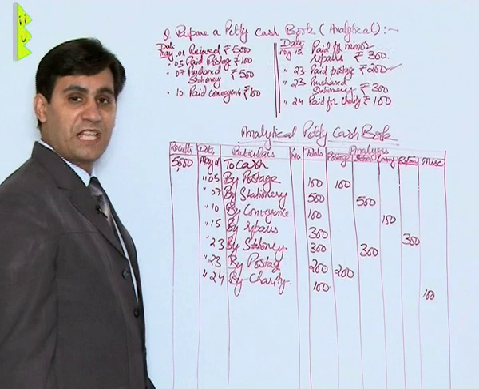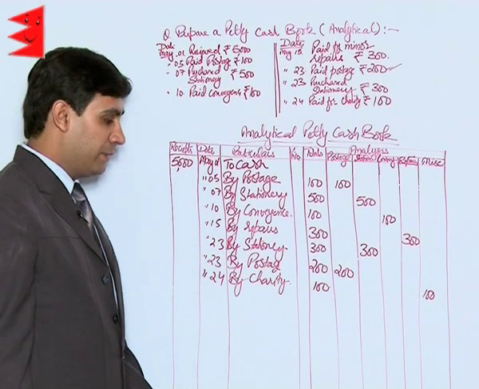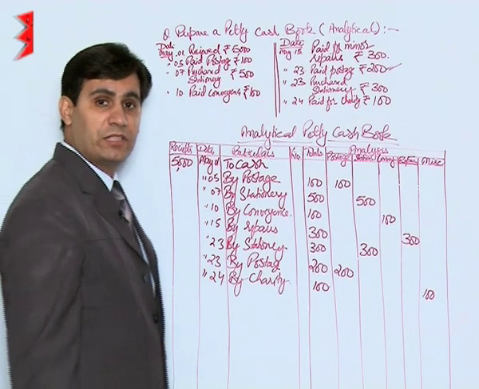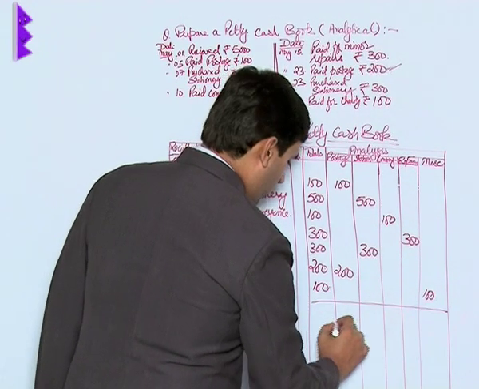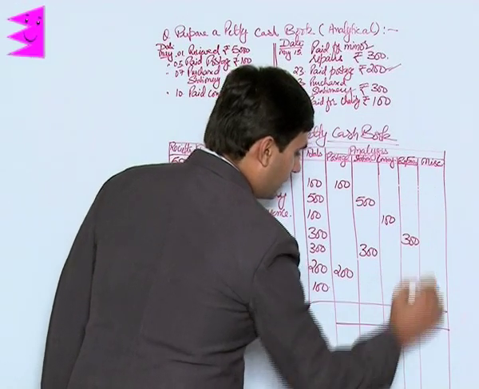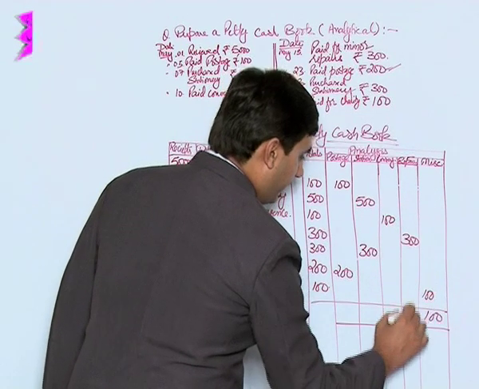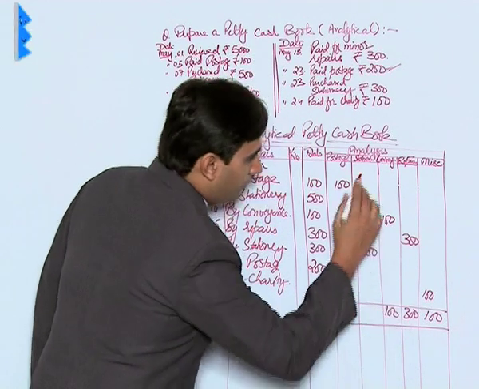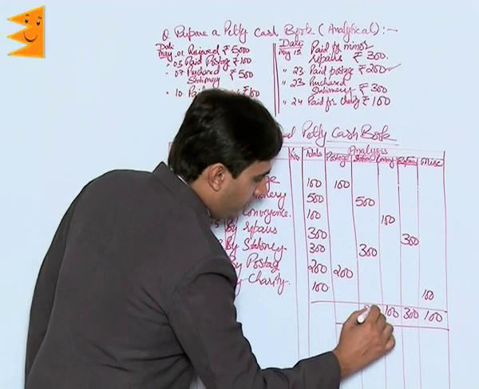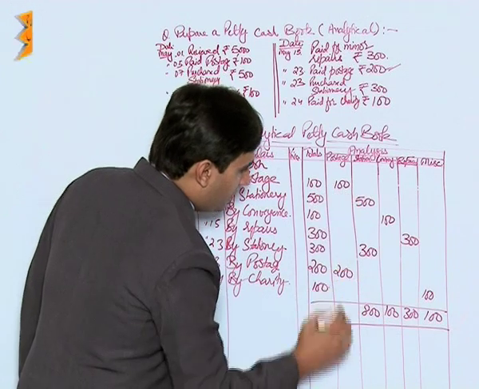Now all the postings have been made. Let us find the balance of cash that is resting with the petty cashier. Now students, totaling the sub columns first. Miscellaneous is 100, repairs is 300, conveyance is 100, stationery is 800, and postage is 300.